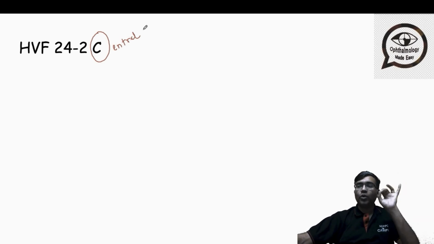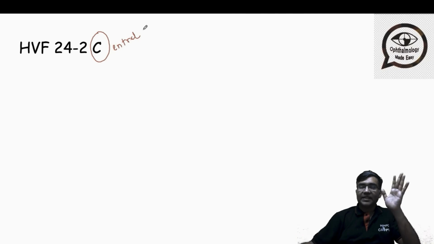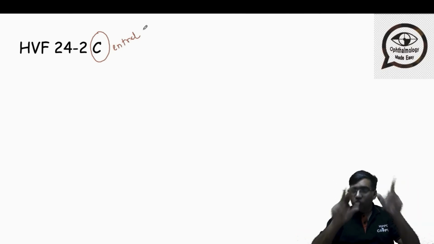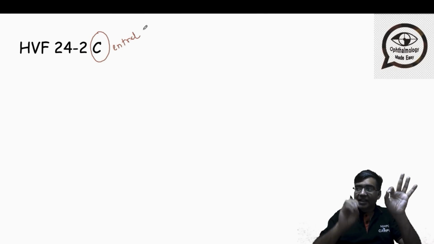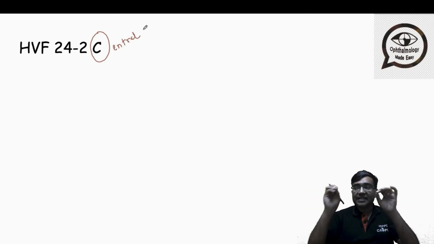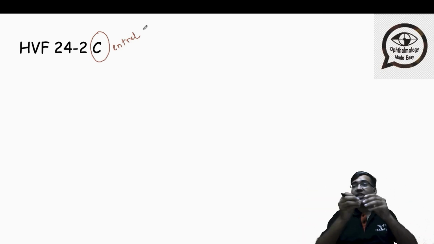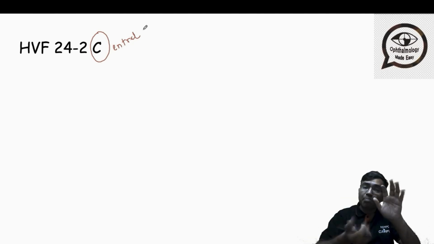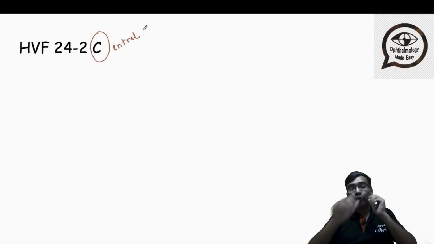What we do in a 24-2C is that, like a regular 24-2 pattern, we also test, please remember, the central 10 points. That basically tells us if there is any pathology near your fixation, near your macula, which might be missed on a plain 24-2.